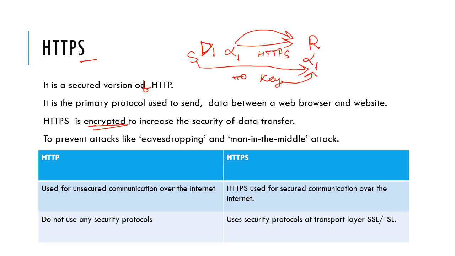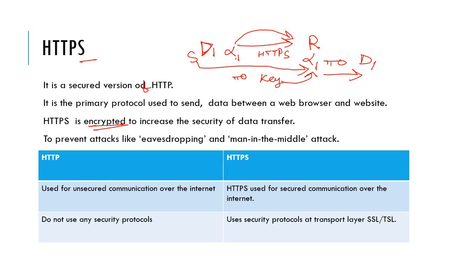This alpha 1 will then be opened via a key and we will get D1 back. In this way, the form of D1 got converted to alpha 1 and alpha 1 got reconverted to D1. This is known as encryption, so that nobody is able to understand what message I sent. So to prevent attacks like eavesdropping, man in the middle attack.